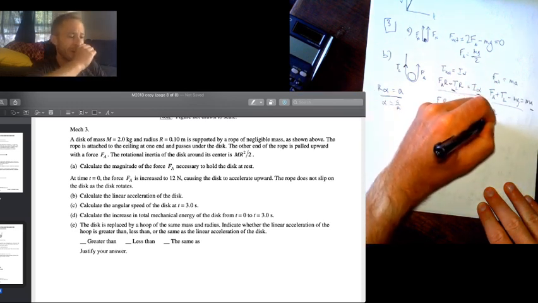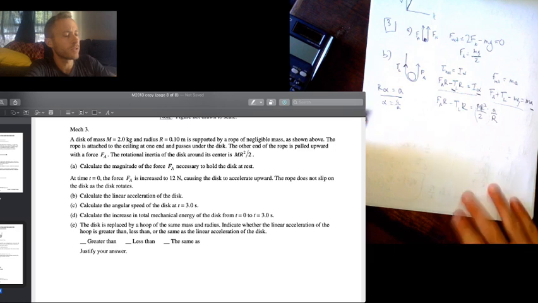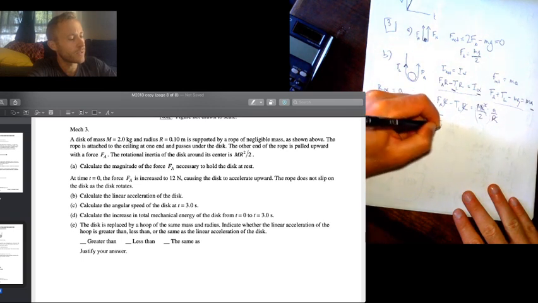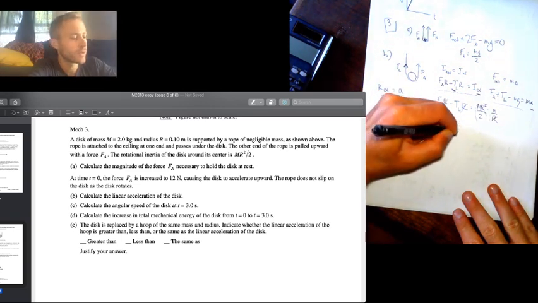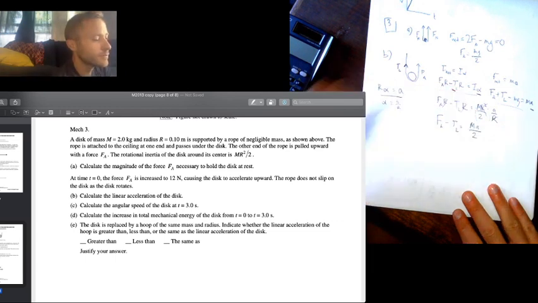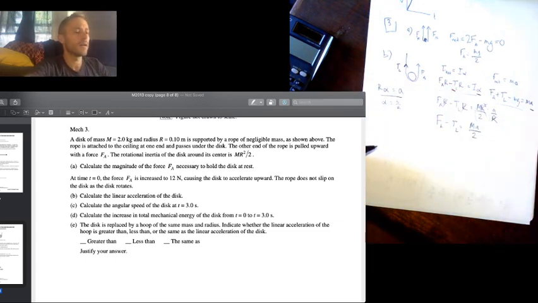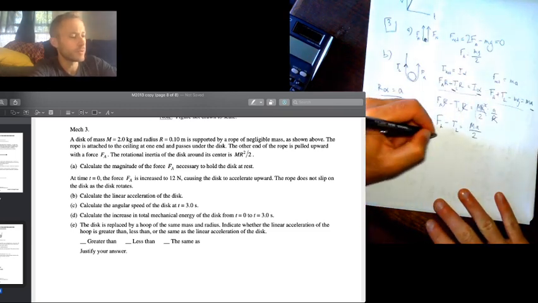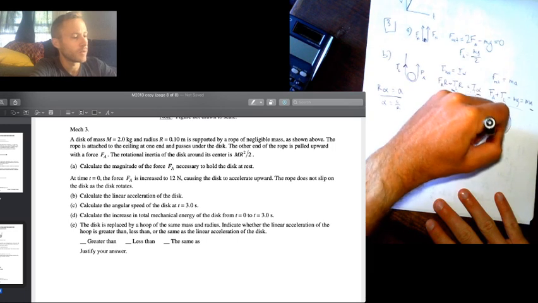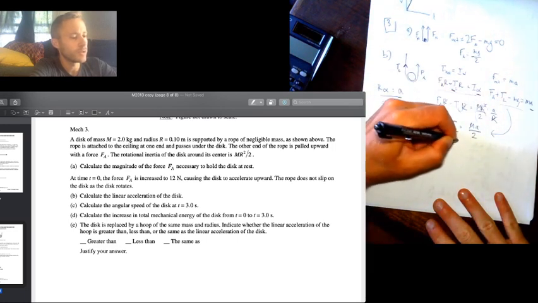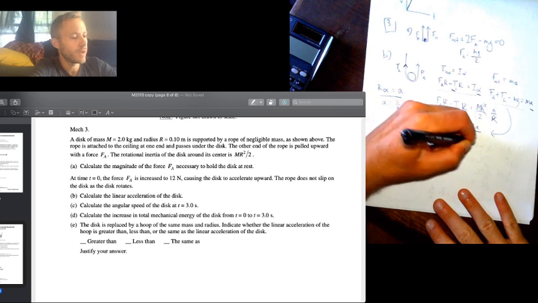So this cancels that, that cancels that. So we have F sub A minus T sub L equals ma over 2. Then we also have this equation, which is F sub A plus T sub L minus mg equals ma.